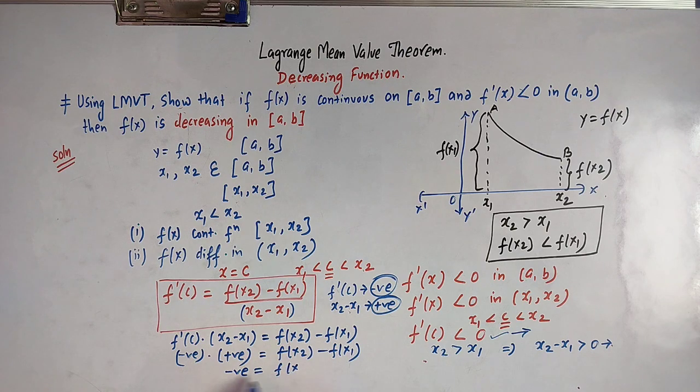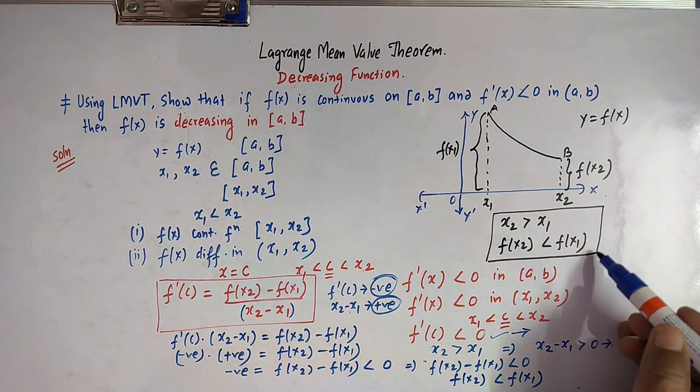So we have f of x2 minus f of x1 is equal to a negative number. So it implies that this difference is less than 0, right? So it means f of x2 minus f of x1 must be a negative quantity, that is less than 0. So we have f of x2 is less than f of x1, right?